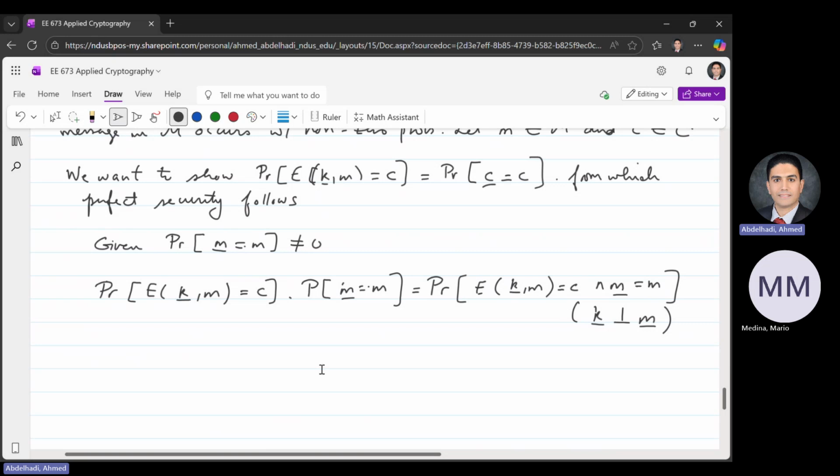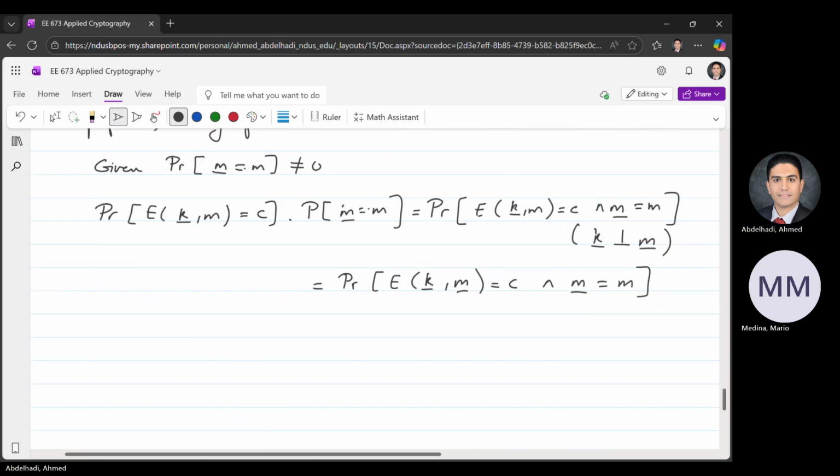Okay, this is equal to the probability of E of K and M equal to C intersection with M equal to M, which is basically equal to the probability of C is equal to C intersection M is equal to M.